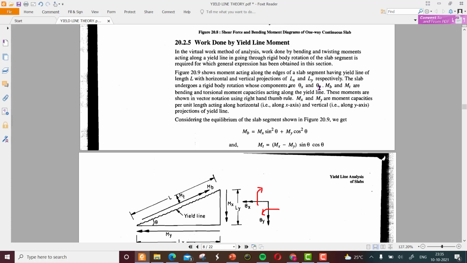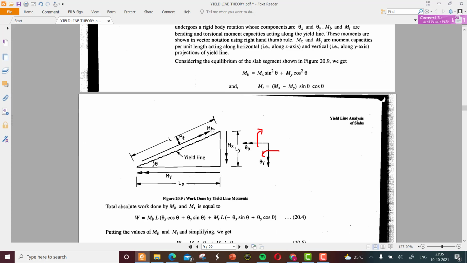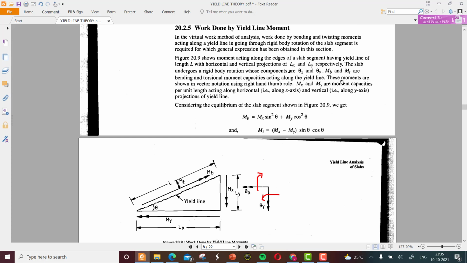Now Mb and Mt. Mb is the bending moment, and Mt is the torsion moment, which will act in this direction.